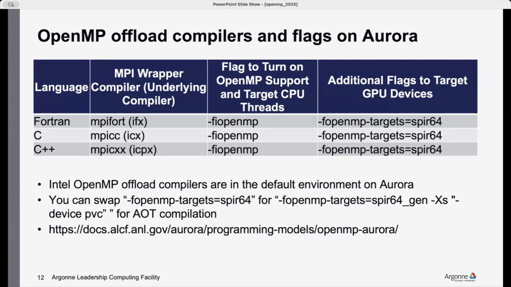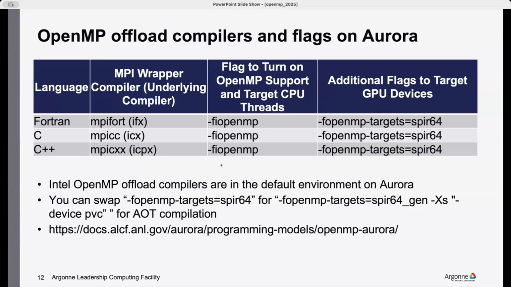Okay, so that's a short overview, and we'll go through it in more detail again in the demo. But quickly, if you're running on Aurora, here are the compilers and flags. It's Fortran, C, C++, using the standard MPICH compiler wrappers, mpif90, mpicc, mpicxx, and under the hood the Intel compilers, ifx, icx, and icpx.